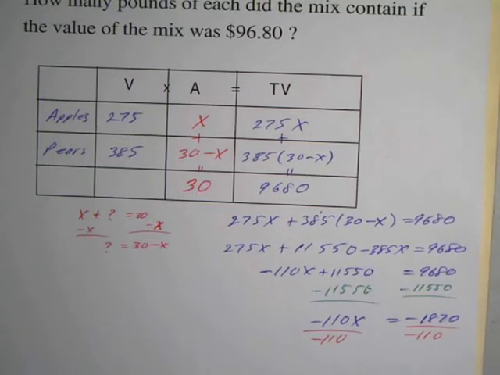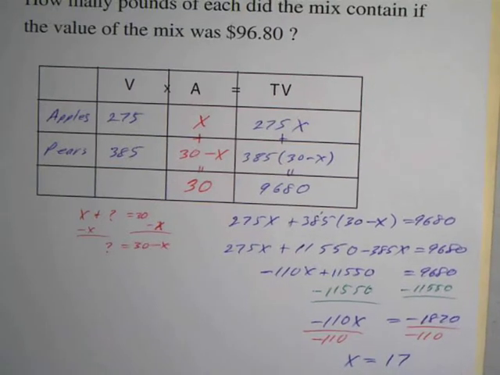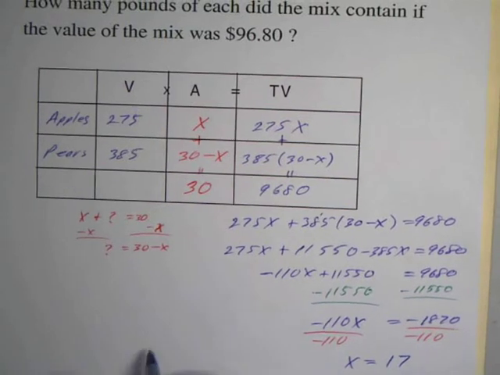And x equals positive 17. So I've got 17, and that'll be pounds of apples.